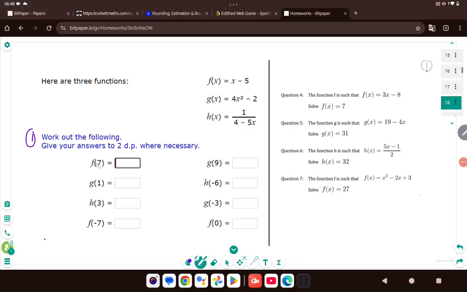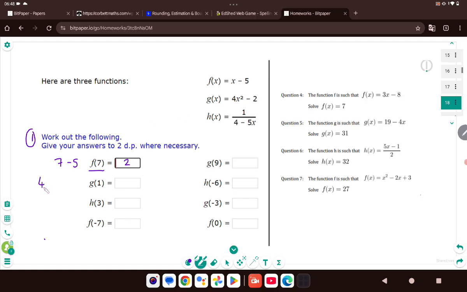Okay, so for this first one, f of 7, we're replacing x in this function with 7. 7 take away 5, 2. g of 1, this time we're replacing it into this function.